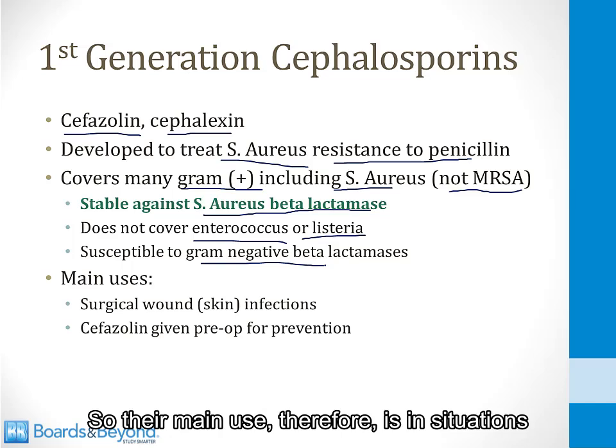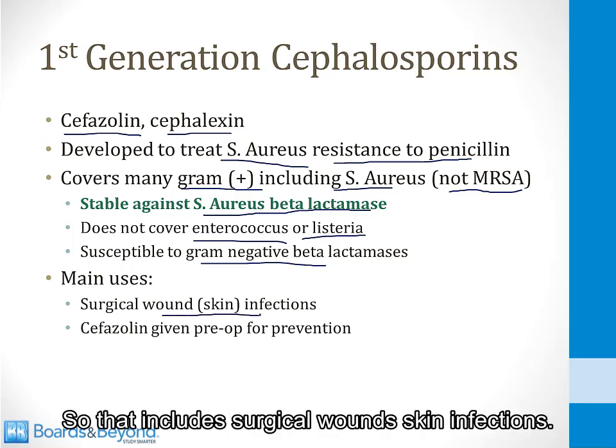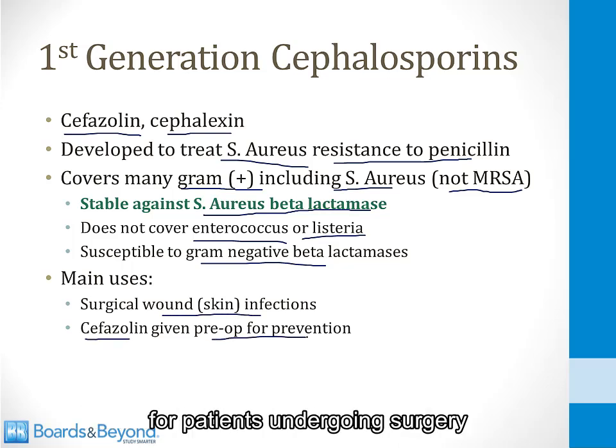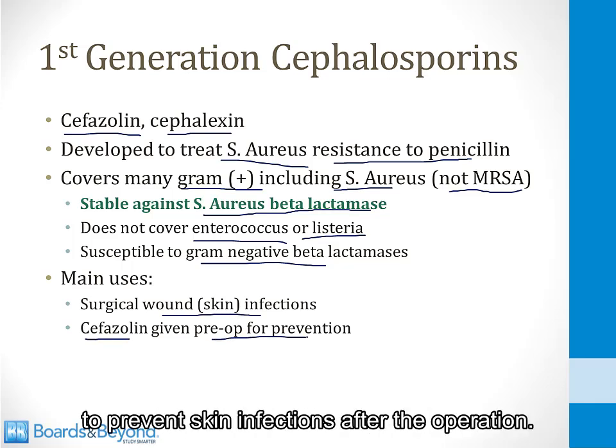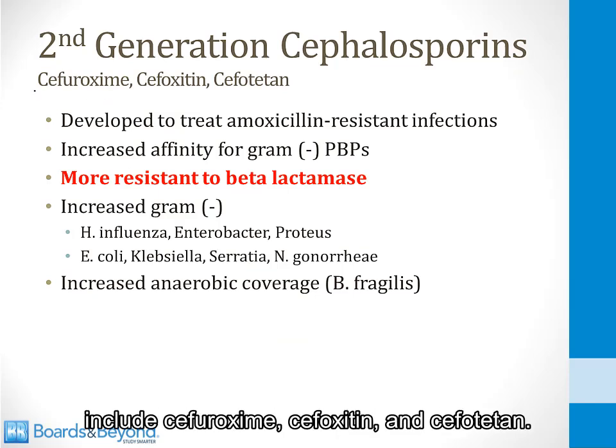So their main use, therefore, is in situations where you want to cover methicillin-sensitive Staph aureus, so that includes surgical wound skin infections. And in addition, cefazolin is often given pre-op for patients undergoing surgery to prevent skin infections after the operation.